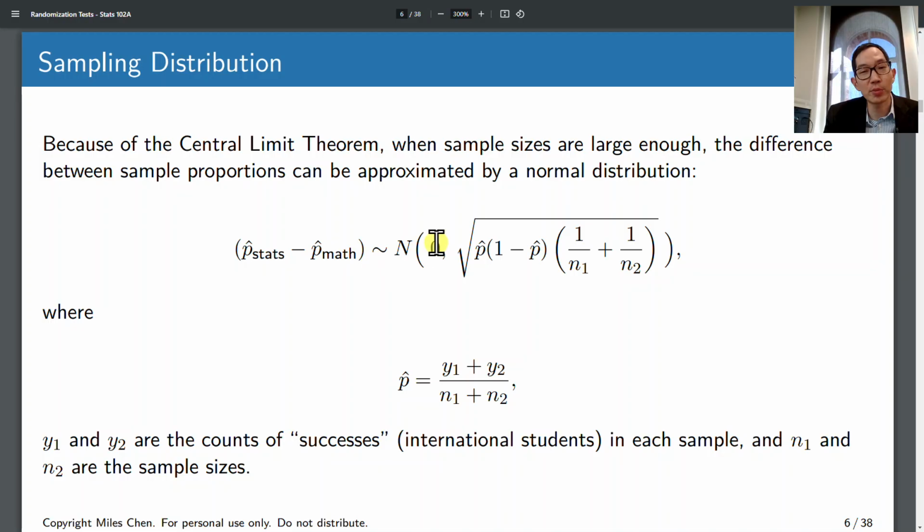The mean of that normal distribution is going to be 0, and then the standard deviation or standard error is going to be this quantity, square root of blah, blah, blah. And the p hat here is the total proportion of yes. So you add the total counts of successes in each sample, divided by your total sample sizes.